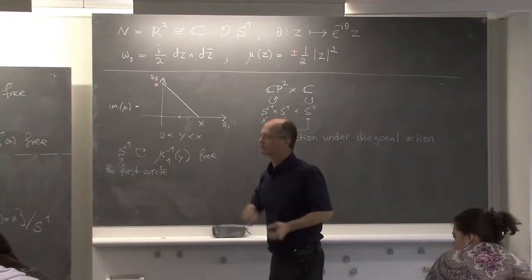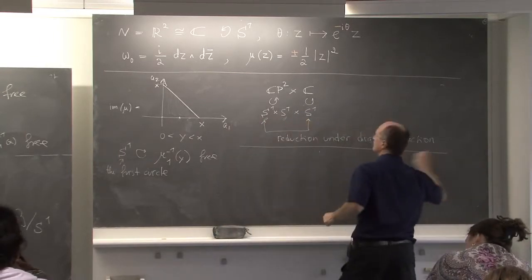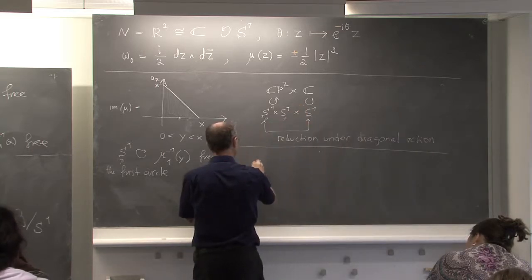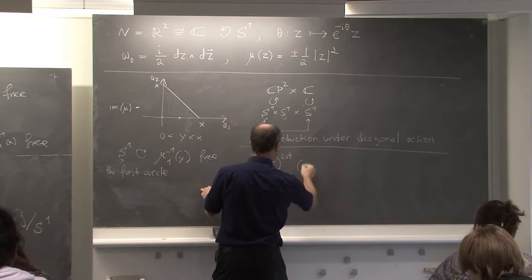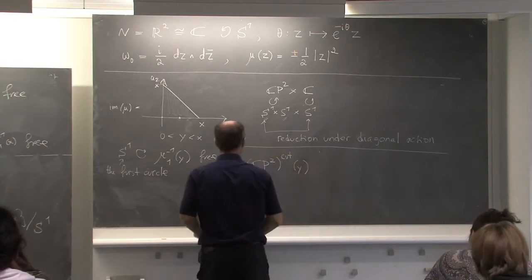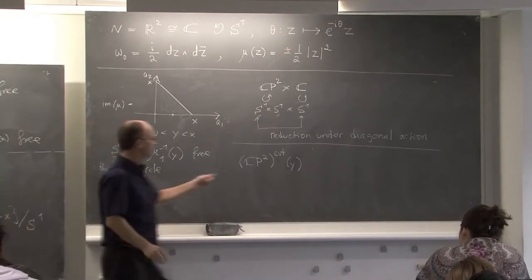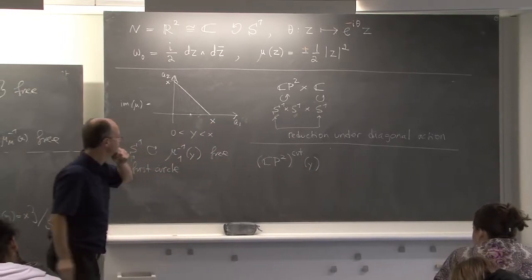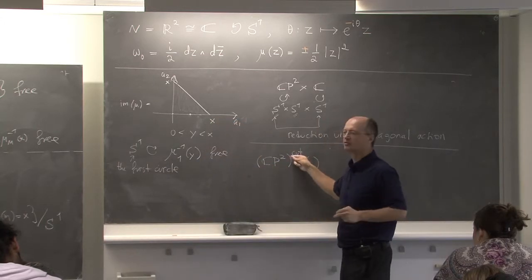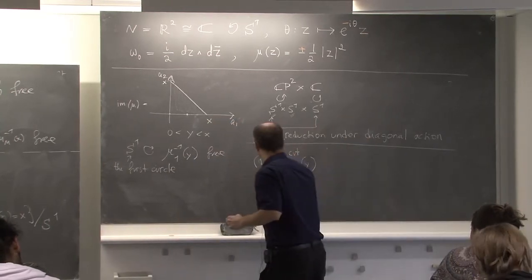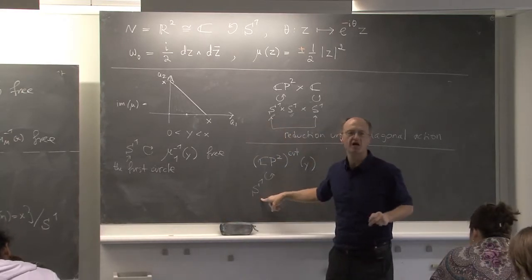So now let's get back to our example here. We would like to do CP2 cut at a point y. We're not going to analyze it in detail, but let's discuss what is acting on this CP2 cut of y. Well, there is an S1 action which comes from the cutting procedure, right?